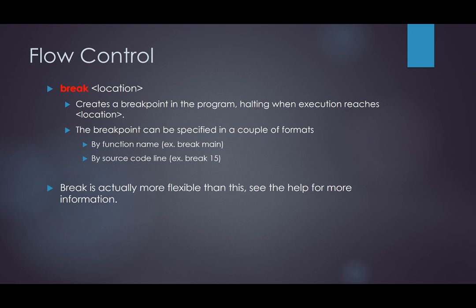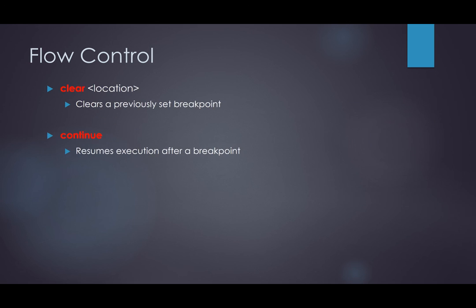So if you say break and then the line number, it'll actually break at that line number. And there's a lot more that break can actually do. If you type help break, you'll get the whole list of it. So clear will clear out any breakpoints that are at a given location. So if you break at main, and you don't want to stop there every time, you can clear it with clear.